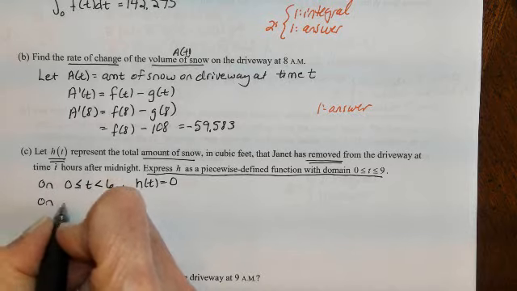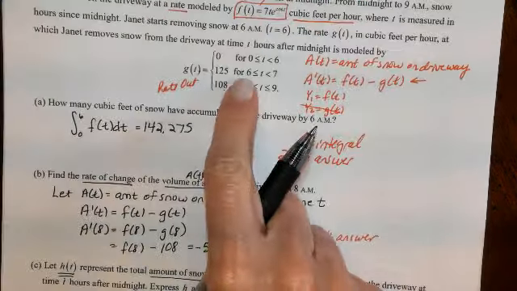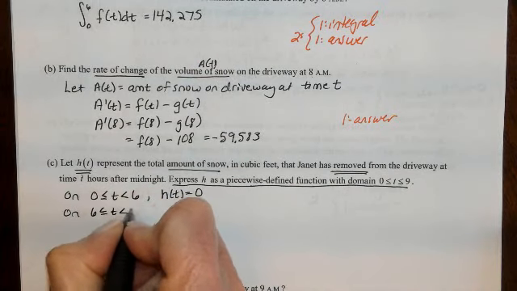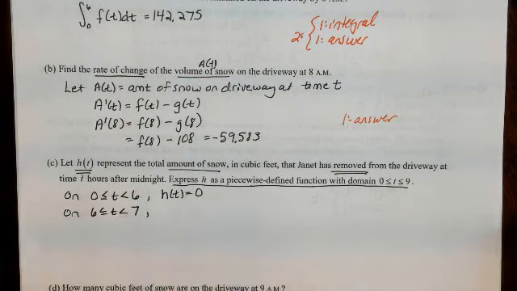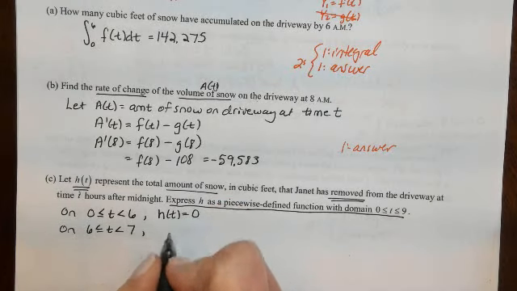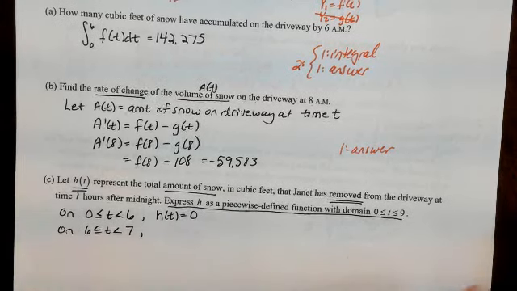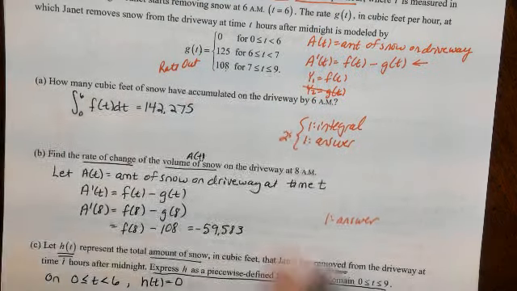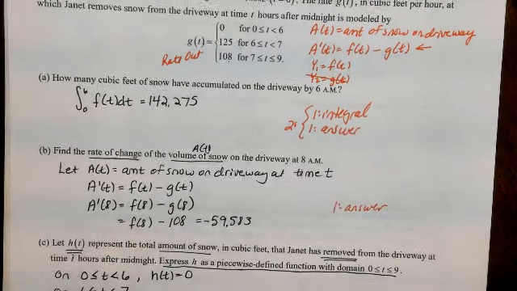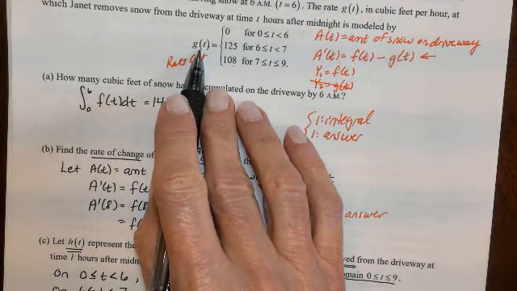Now I'd like to consider the next step. So the next step is from 6 to 7. Include 6, don't include 7. So on 6 to 7, h of t is going to be the amount. I'm going to set up a little fundamental theorem because I know that h prime is my g of t, right?